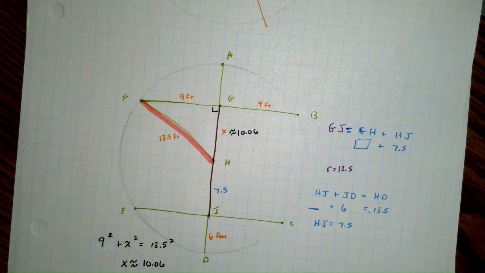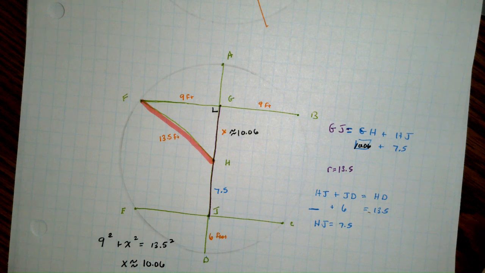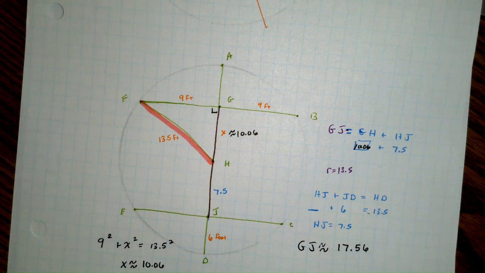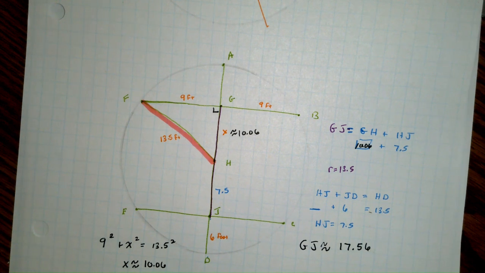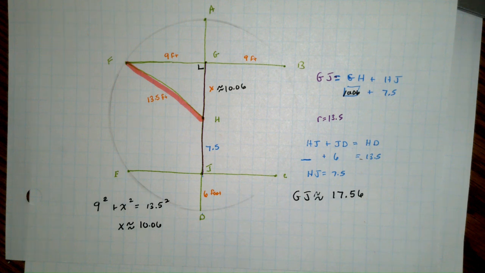So when we put that 10.06 together with that 7.5, we find out that GJ is approximately 17.56. So just knowing the little relationships in chords can help us out, and drawing circles and knowing that they're there is a big deal too.